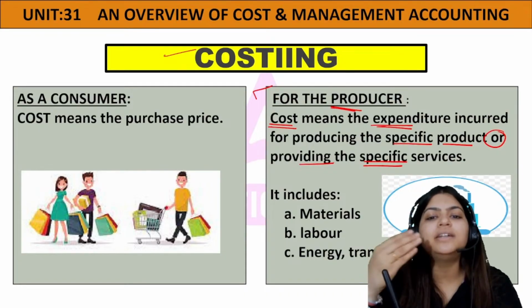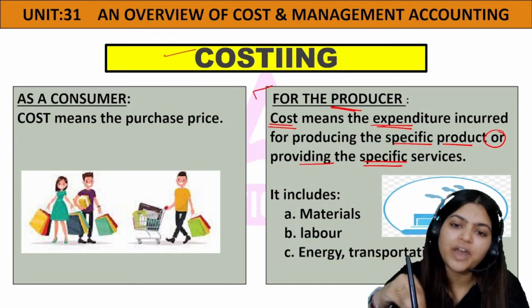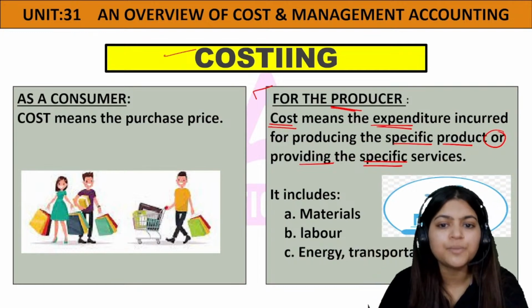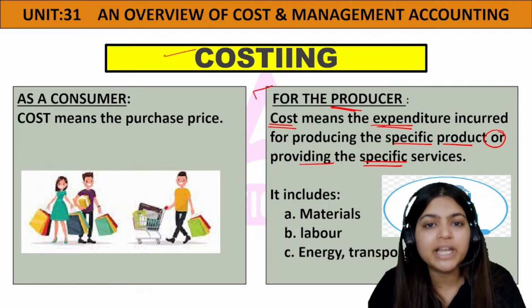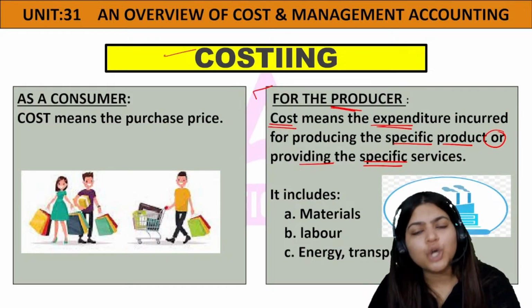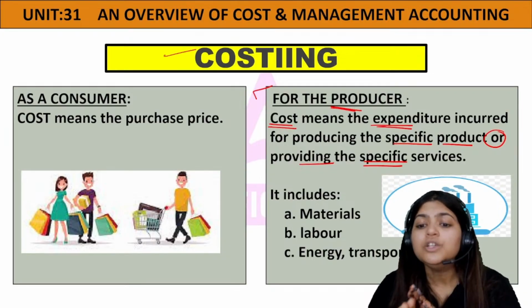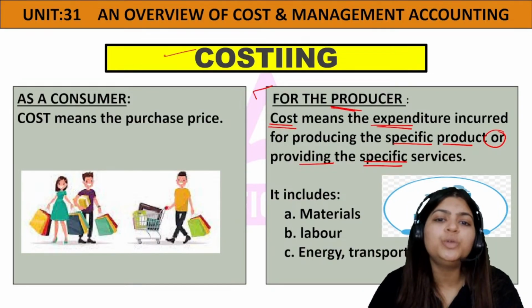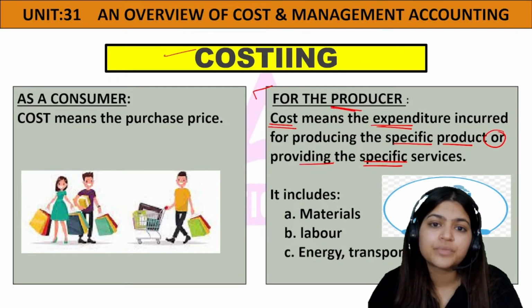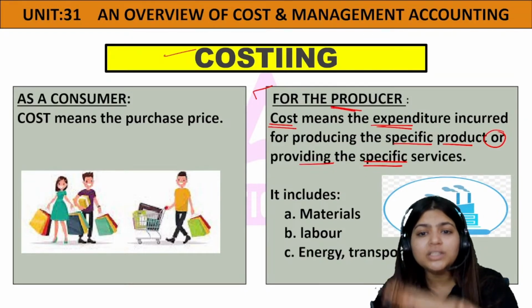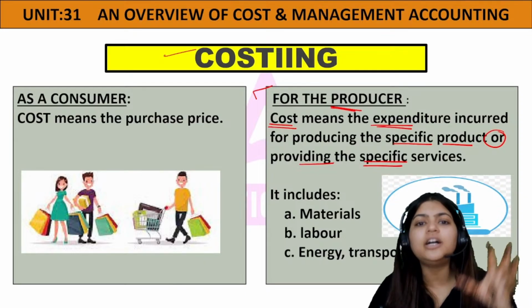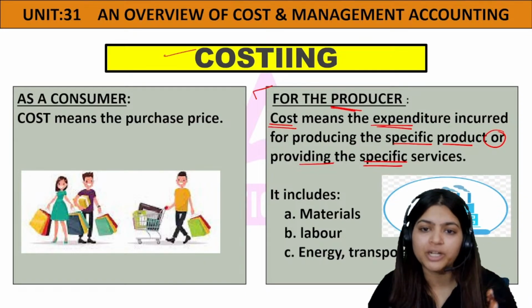I will use other services for manufacturing. I must have rented one place, and I am using electricity, water, and I have taken insurance for that business area. All these things are included under your costing. Costing means the total expenditure incurred for producing any product.